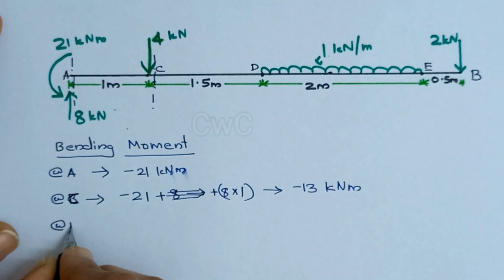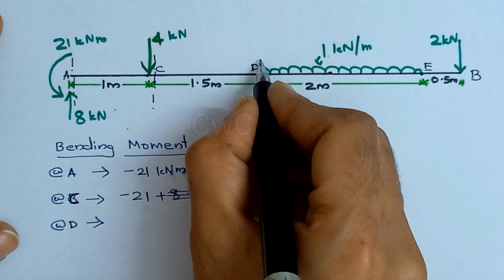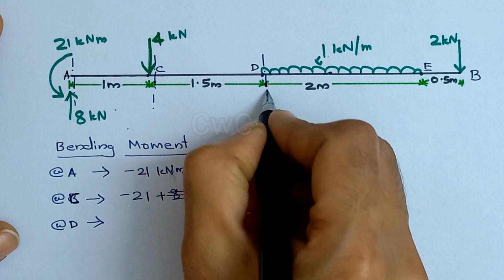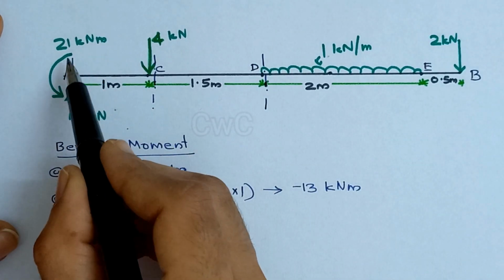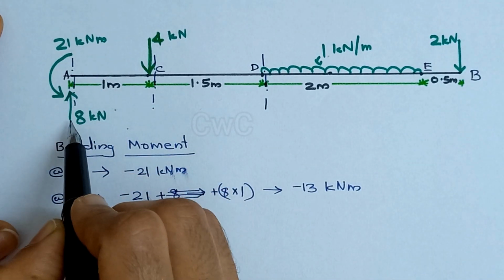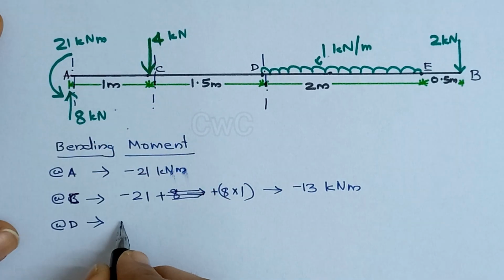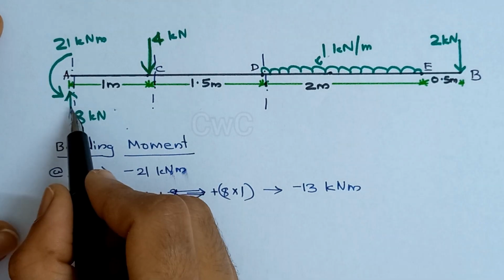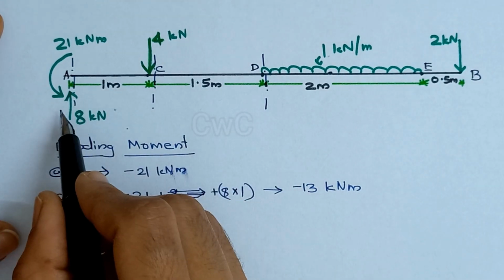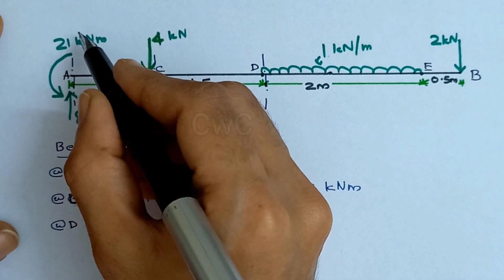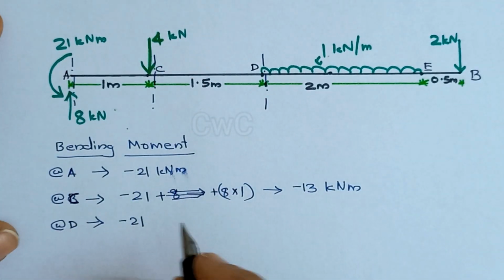Now at D, we have to consider this moment and the moment due to this force and the moment due to this force. So this is an anti-clockwise moment, so we can take it as negative. Upward force at the left of the section gives a sagging effect, so we can take it as positive.